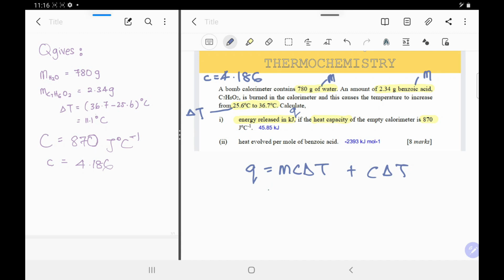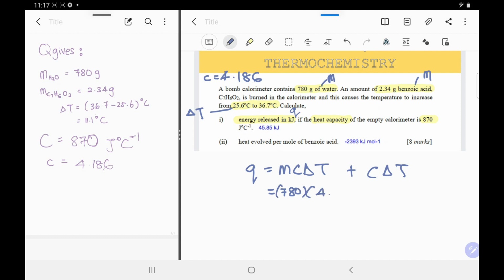Since the c here refers to the specific heat capacity of water, we need to use the mass of the water as well.